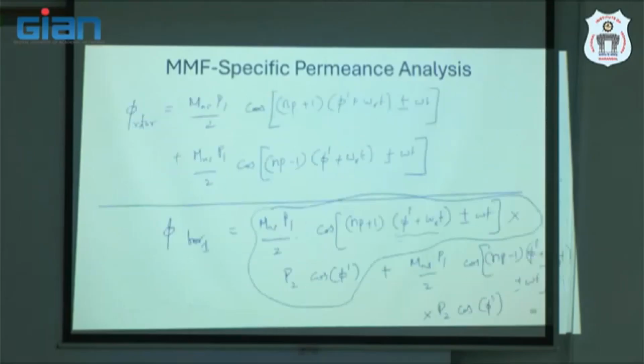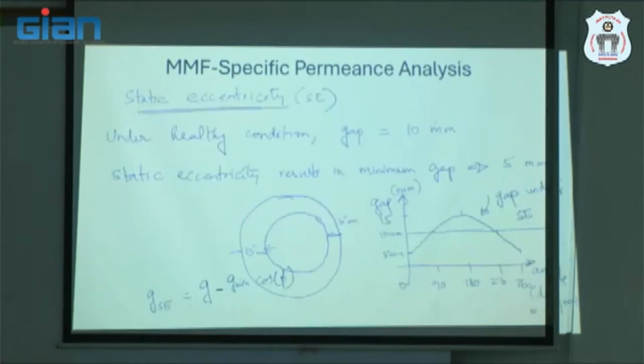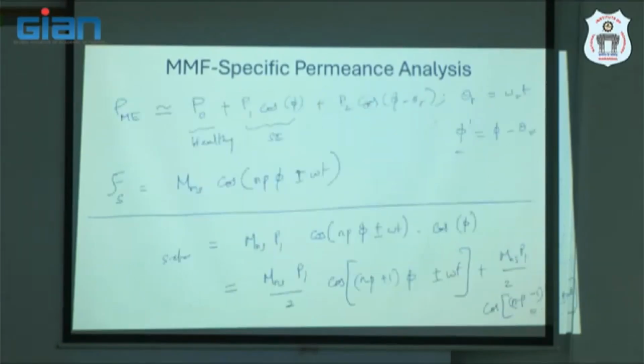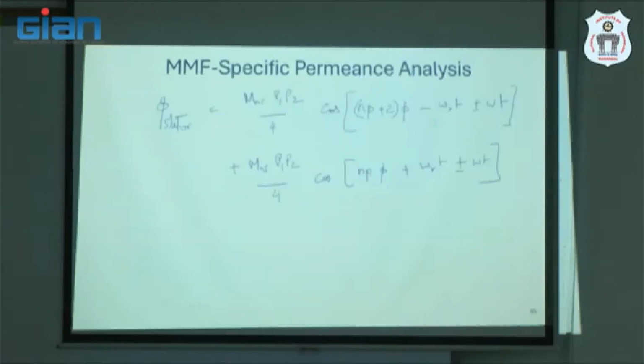What is the original stator MMF? We have to go back quite a few slides to see where we started. So here is the original pole pair number. np is the original pole pair number. In this term I have np plus 2. Can they match?